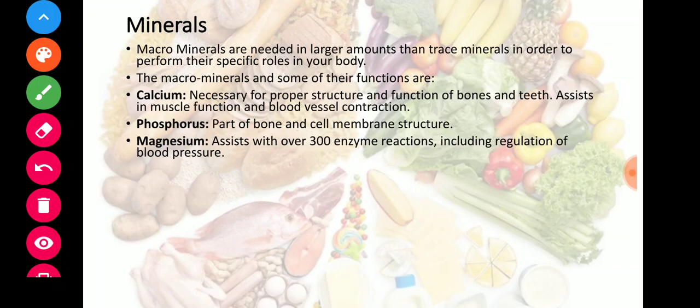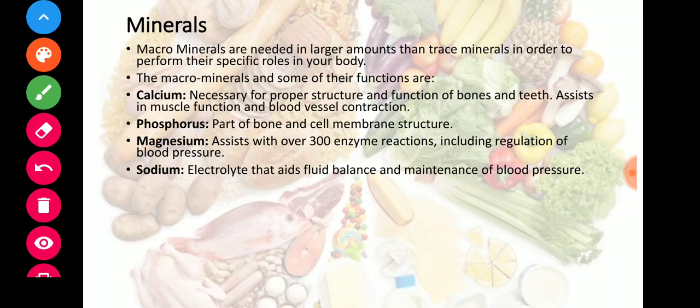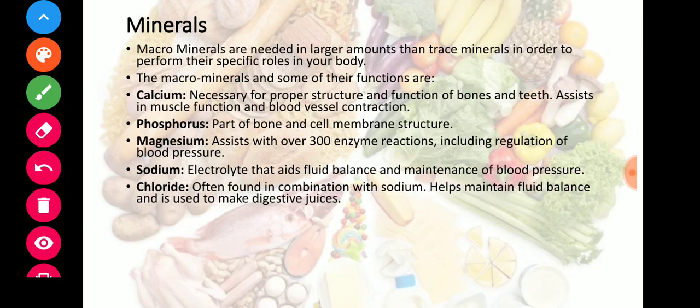Now magnesium assists with over 300 enzyme reactions, including regulation of blood pressure. Sodium is an electrolyte that aids fluid balance and maintenance of blood pressure. Chloride, often found in combination with sodium, helps maintain fluid balance and is used to make digestive juice.